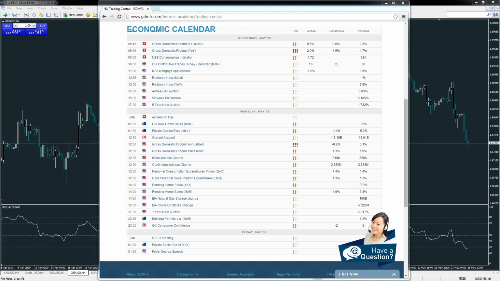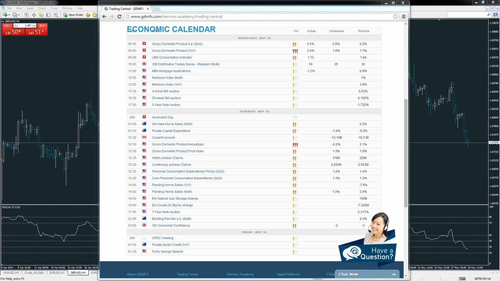What we will focus on in our economic calendar today is the USA, basically the news that are coming out from the US. Those news are known to have a major effect on the market.